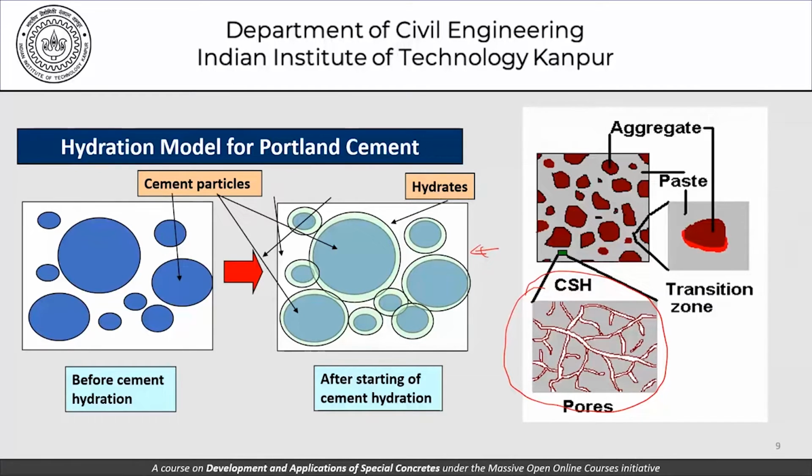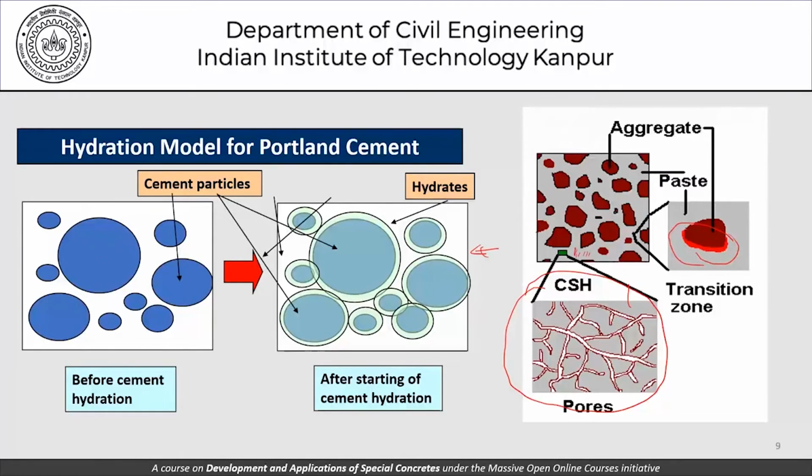That is what is happening in this part, that is the mortar part or the paste part, where water started to react with cement, formed hydration products which are shown here, and led to some pore spaces which are shown here. Also keep a close watch on this picture, and we will come back to this picture in a while.